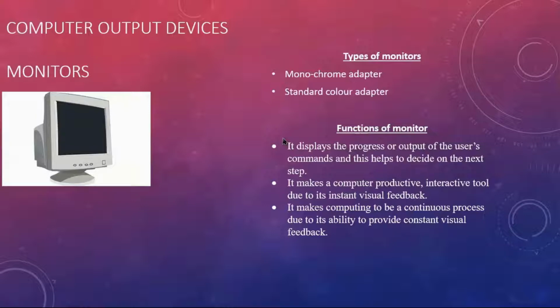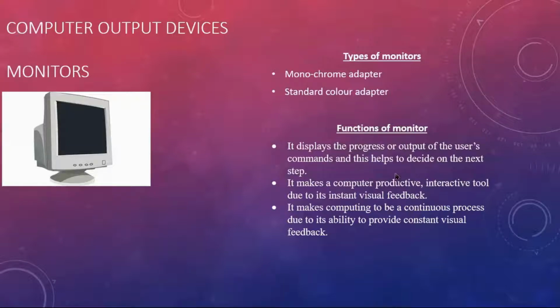We have the VGA adapters, which display information. We have the SVGA, which is an acronym for Super Video Graphics Array, while VGA stands for Video Graphics Array. We have enhanced graphics adapters and so many. So there are many types of these standard color adapters.